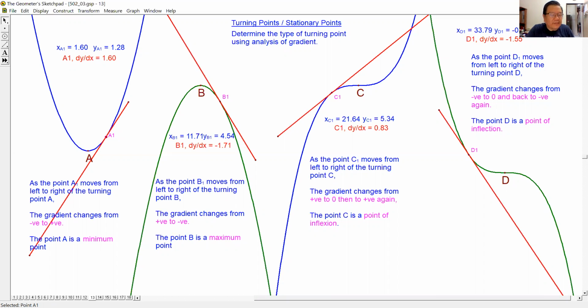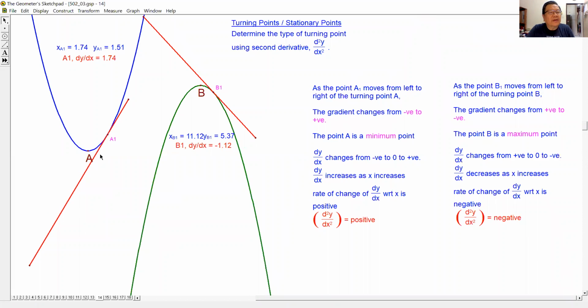When you look over here, when the gradient is increasing, then the rate of change of gradient with respect to x is positive. The rate of change of gradient is d2y/dx squared. So d2y/dx squared is positive.